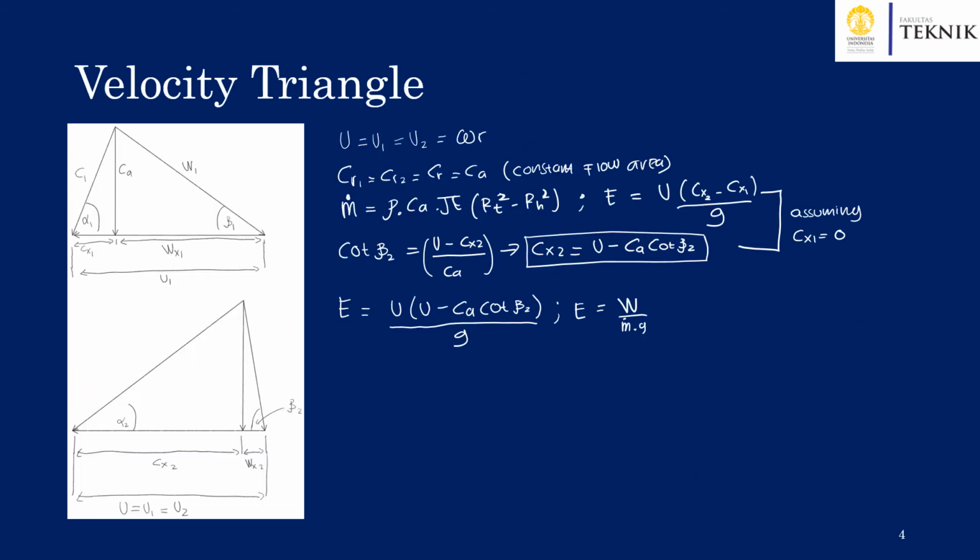Now let's have a look at the velocity triangle of an axial pump. Up here we have the conditions at the inlet, and down here the conditions at the outlet. Let's assume that the pump has a straight configuration like this, and we have the impeller that gives power to the fluid and increases the head.